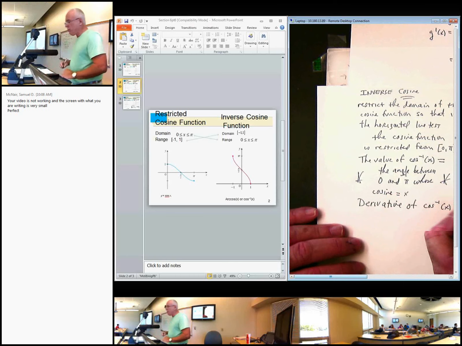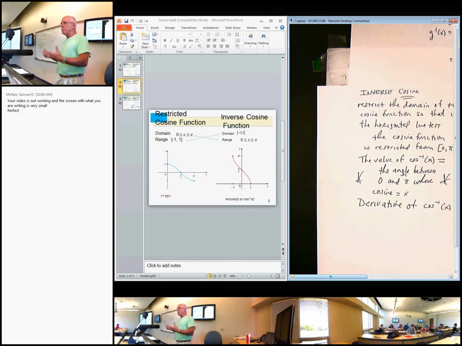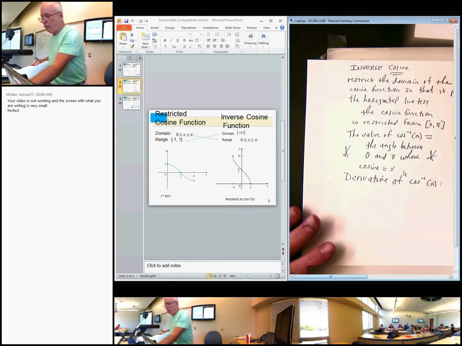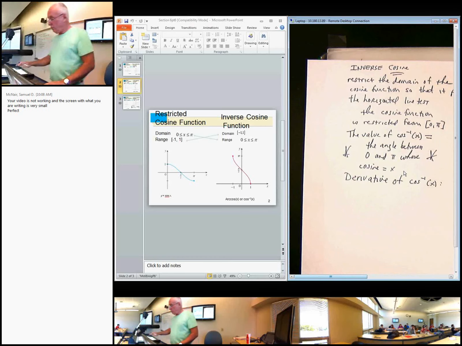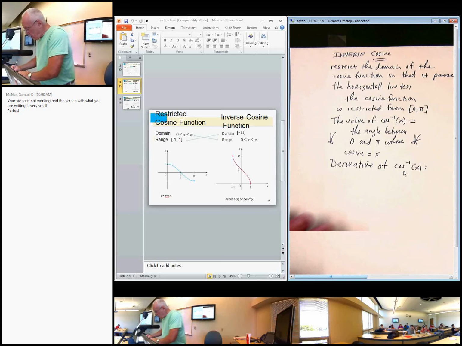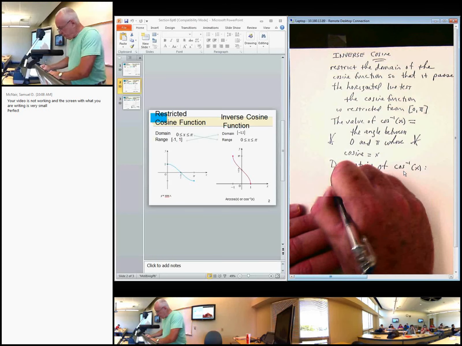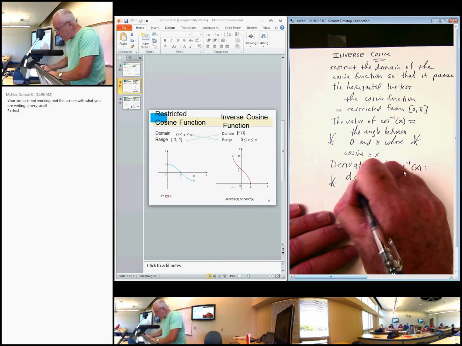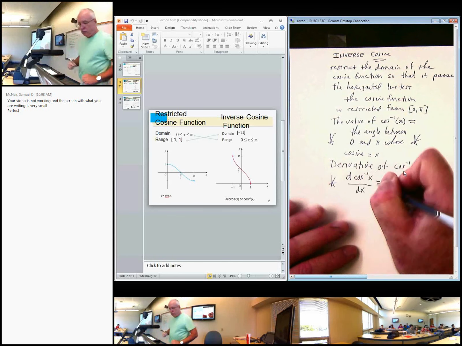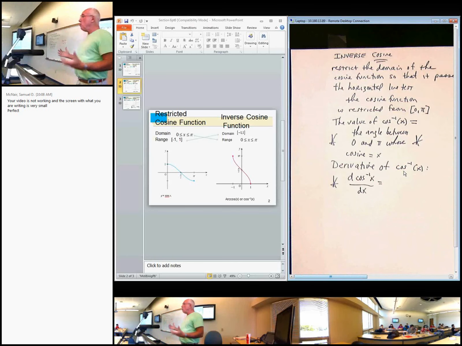It's a similar proof, and I'm not going to go through the proof. Put an asterisk here. The derivative of the cosine inverse of x with respect to x is equal to, this time it's almost like the sum.